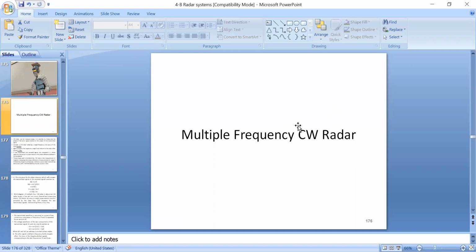How does it perform the task? By transmitting multiple frequencies towards the moving target and receiving the returned echoes from it. Multiple frequencies are transmitted towards the moving target and multiple echoes are received from the moving target.